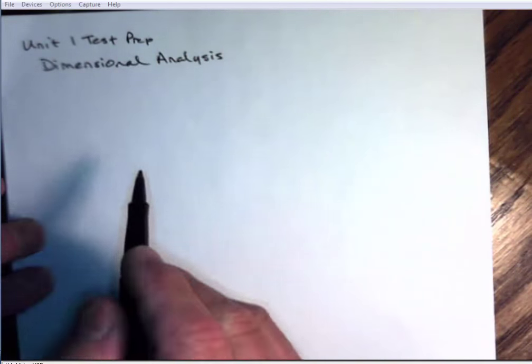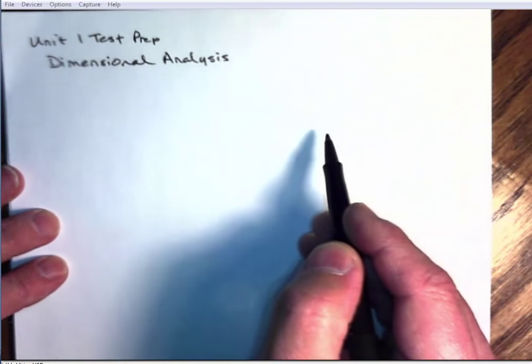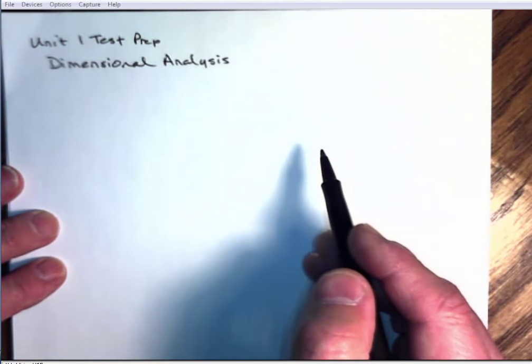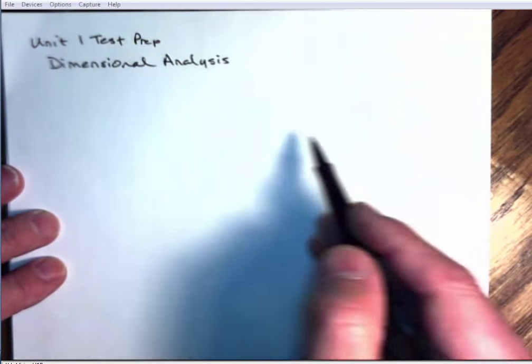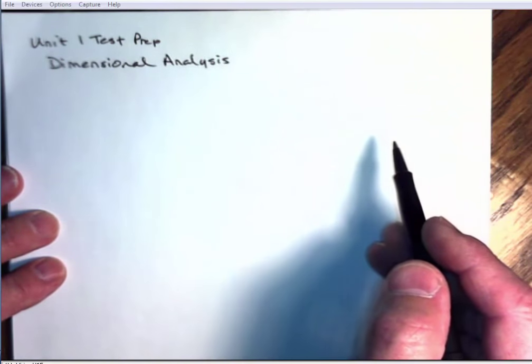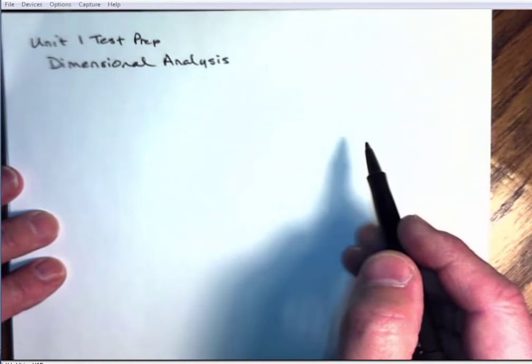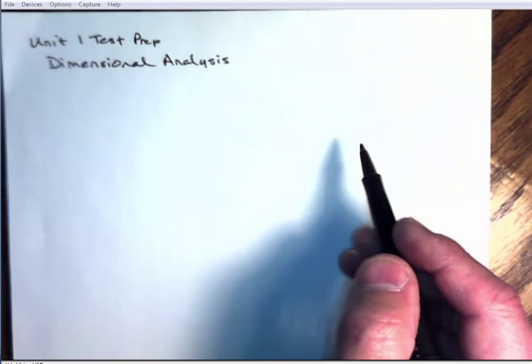So if I'm measuring length, I can measure length in meters or millimeters, okay? And that length measurement is a dimension, okay? That makes sense? So the unit of measurement I'm using for that is the dimension we're talking about, okay? So we're analyzing dimensions of measurement.